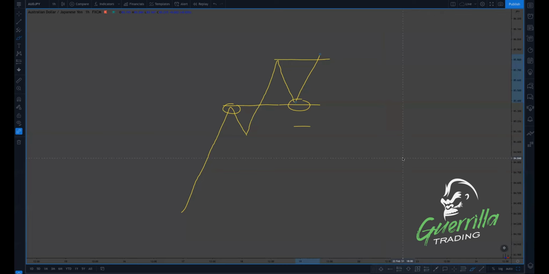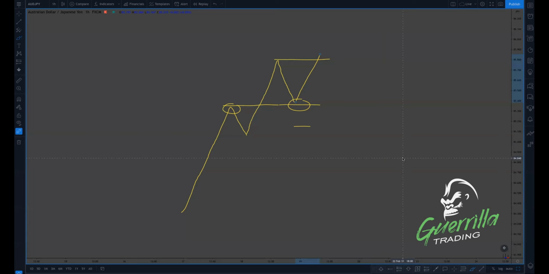Now, if you think about it, why would you want to take a continuation pattern in a range? We don't want to do that. We want to wait for an established trend. Once we've got an established trend, then we will take full advantage, of course, of the market and be able to compound that growth with minimal risk.